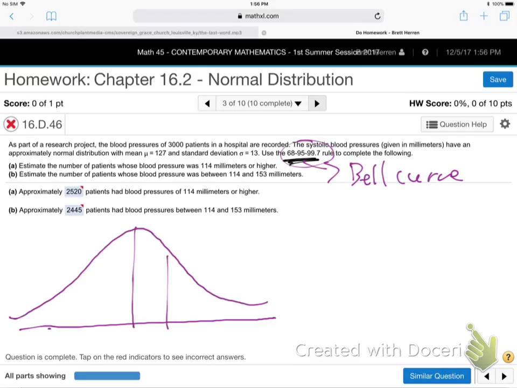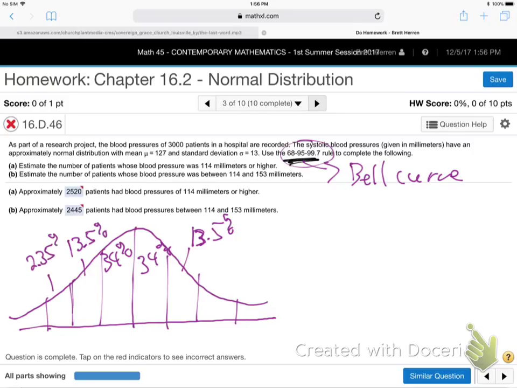One line in the middle, 3 jumps to the right, 3 lines to the left. You know the percentages, they never change. 34, 34, 13.5, 13.5, 2.35, 2.35, 0.15, 0.15, okay.